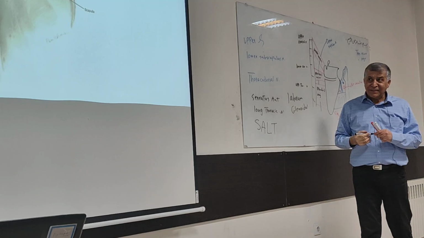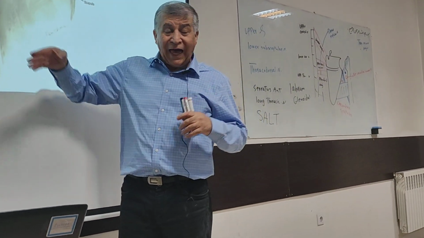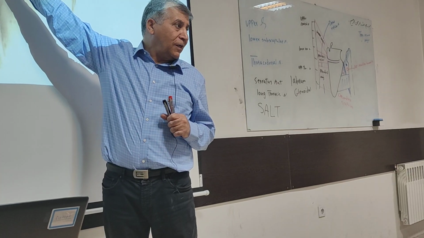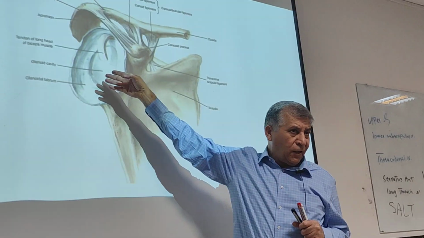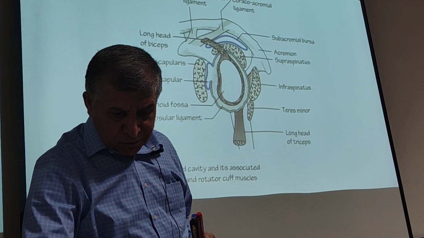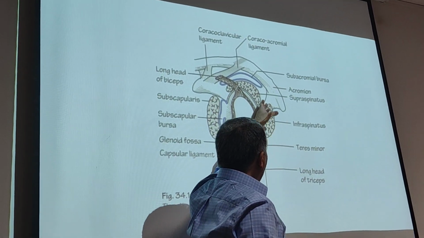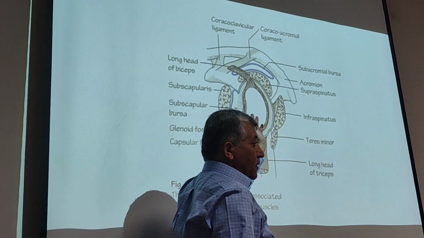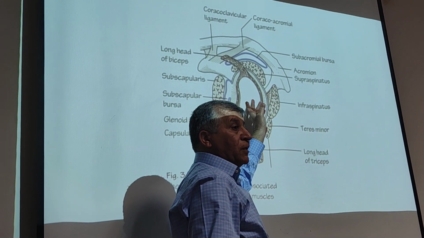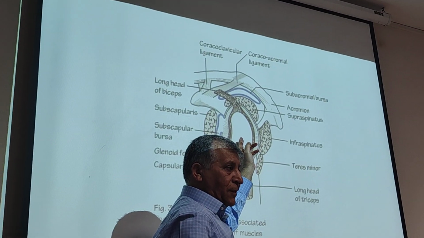Okay? This ring increases the volume and depth of the cavity. Other function is these muscles. These muscles are around the shoulder joint and prevent shoulder joint dislocation.